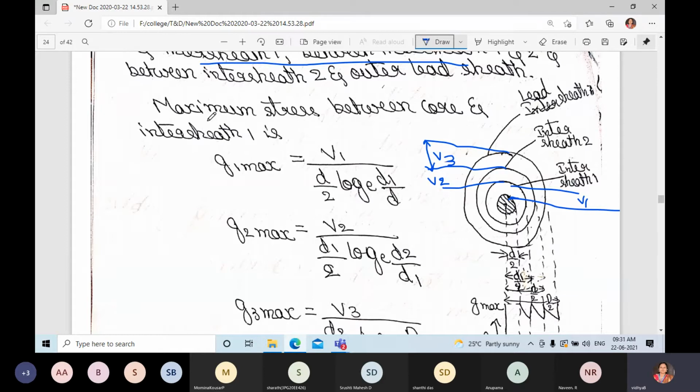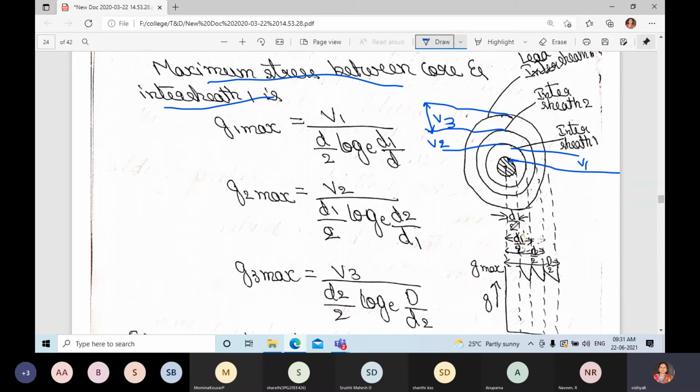First we shall write the maximum stress between the core and intersheath 1. G1 max is equal to V1 divided by d by 2 log e D1 divided by d, because the core radius is d by 2. That is what they have written: d by 2 log e of D1 divided by d.